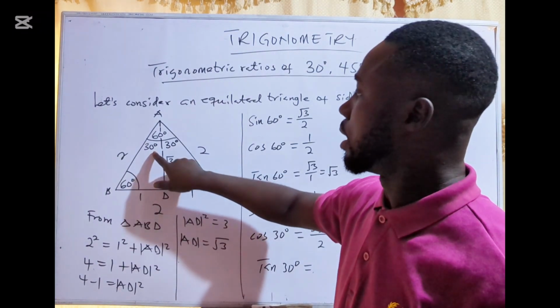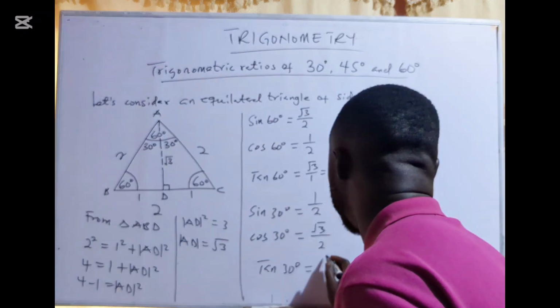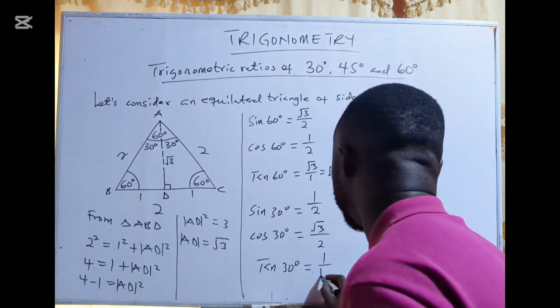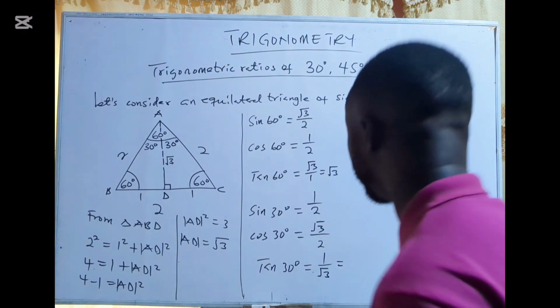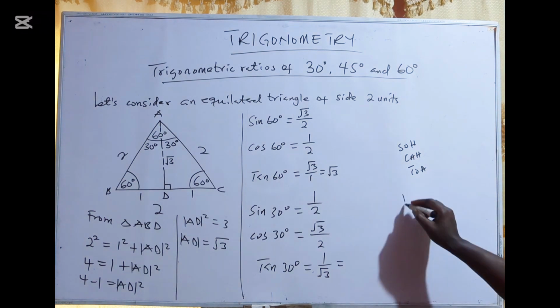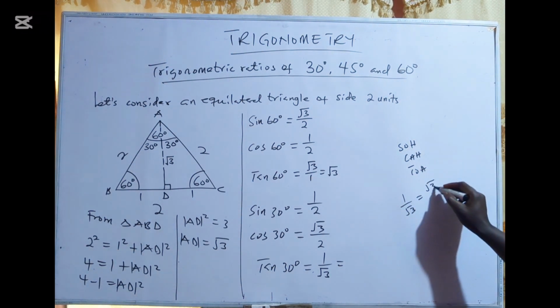What is tan? Opposite over adjacent. So my opposite is 1, and my adjacent is root 3. So 1 on root 3. When you put this on the calculator, you see the denominator is a surd, so we can rationalize. So 1 on root 3 can be written as 1 times root 3.